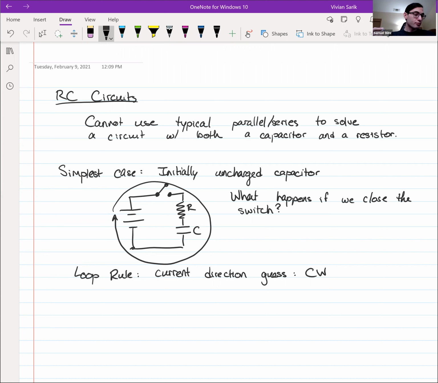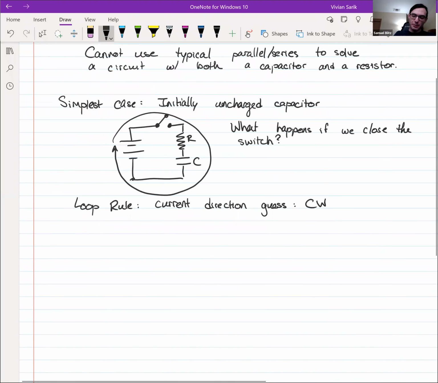As we go around the loop, we're going to encounter a battery, and we know how to handle that. We're going to encounter a resistor, and we know how to handle that. And then we're going to encounter the capacitor. So the question is, what do we add or subtract when we pass by a capacitor? I actually mentioned this in passing on Thursday.